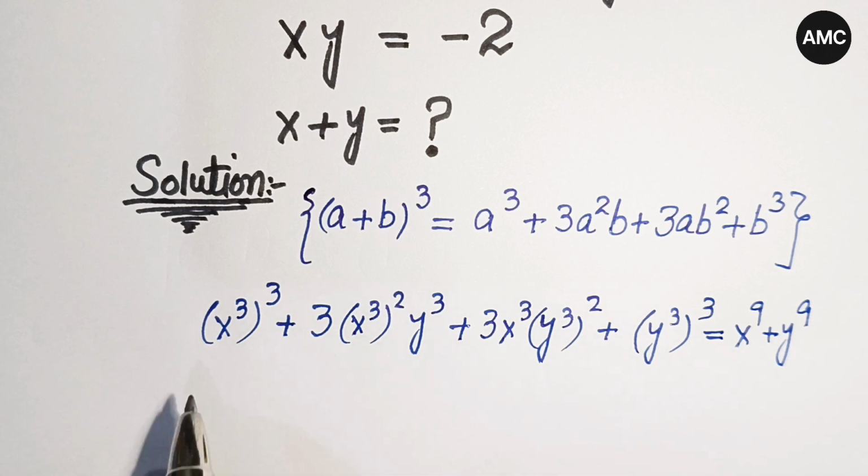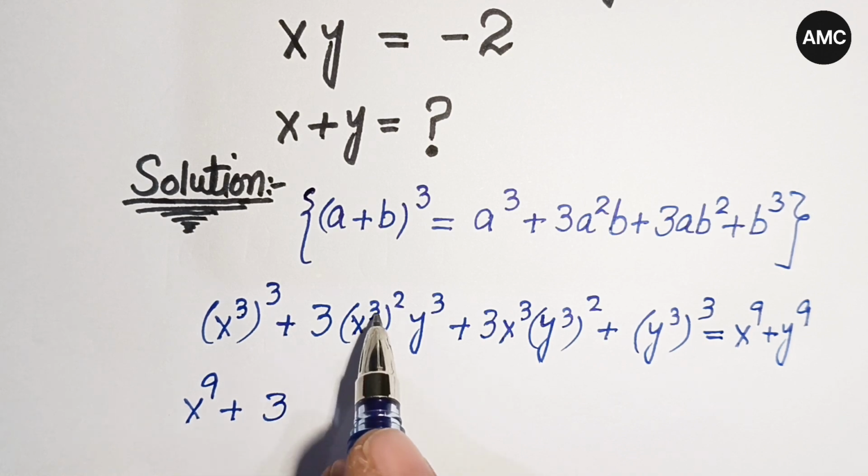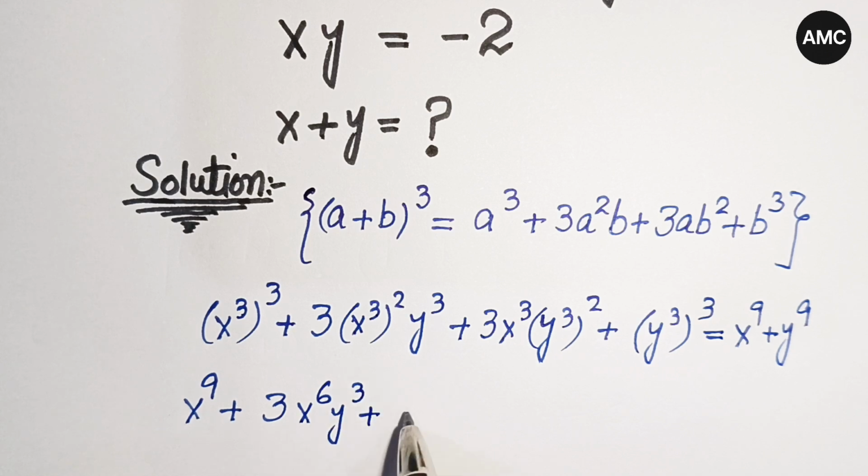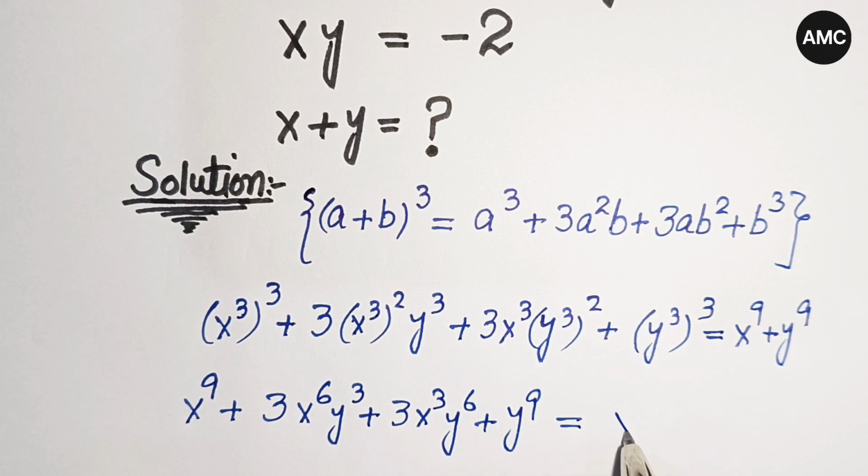Now our next step will be 3 times 3 is 9, so x to the power 9 plus 3 times 3 times 2 is 6, x to the power 6 y cubed plus 3x cubed y to the power 6, and plus y to the power 9 is equal to x to the power 9 plus y to the power 9.